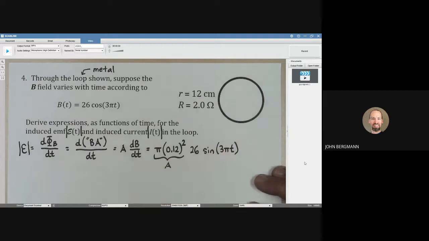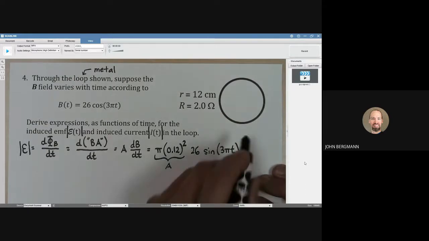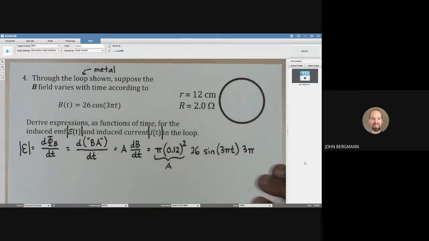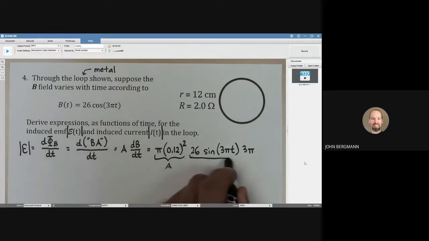And then whenever you take a derivative of a sine or a cosine, you have to use the chain rule, which means we need to then take the time derivative of this thing in parentheses. So there's going to be another factor of 3 pi on the outside there. Hopefully you're okay with what's just happened here. We've got the area, and then right there is our dB dt.